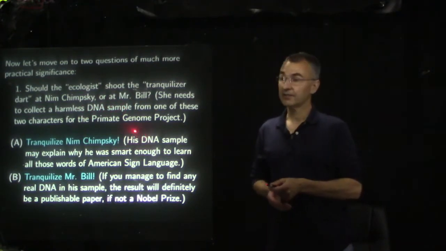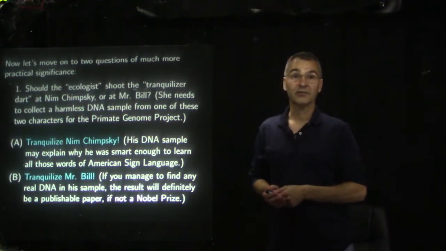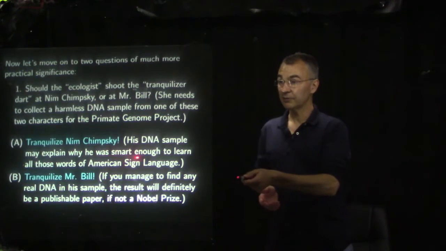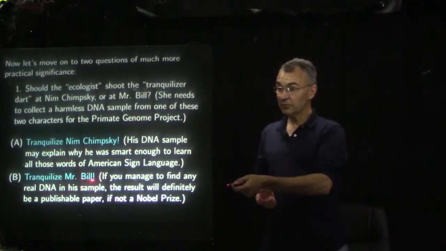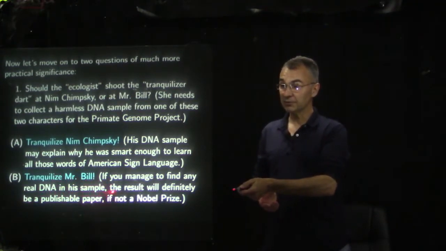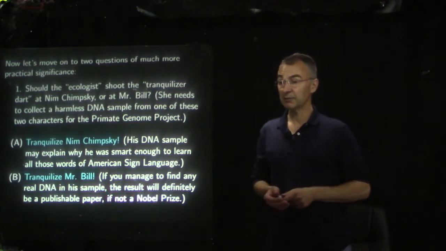And I can add that collecting a DNA sample from Chimpsky while he's out eating bananas in the tree might explain why he was smart enough to learn all those words of American Sign Language, if you ever saw the movie. Or, if we tranquilize Mr. Bill, if we actually manage to find any real DNA in the sample from Mr. Bill, the result will definitely be a publishable paper, if not a Nobel Prize.